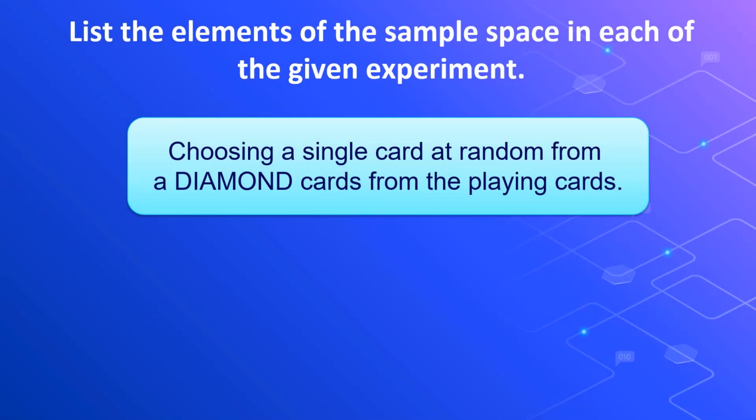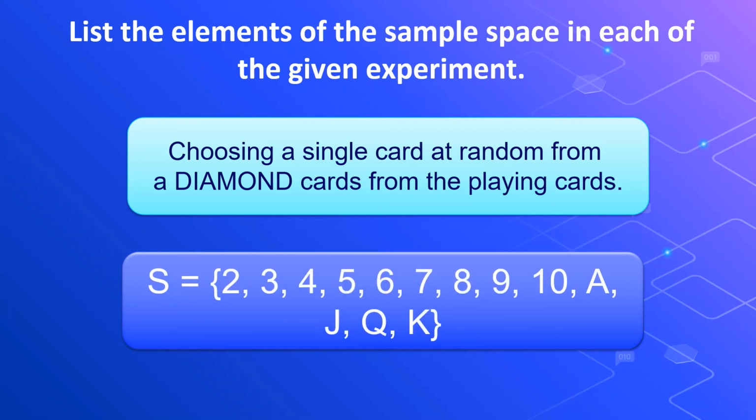Next is choosing a card at random from the diamond cards in a deck of playing cards. The sample space we have is Diamond 2, Diamond 3, Diamond 4, Diamond 5, Diamond 6, Diamond 7, Diamond 8, Diamond 9, and Diamond 10.